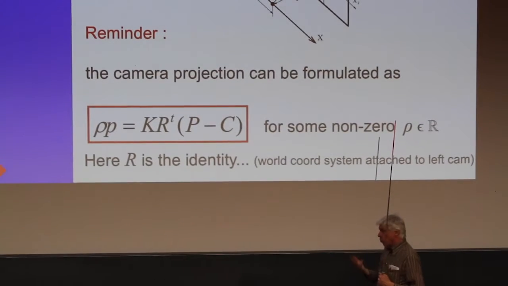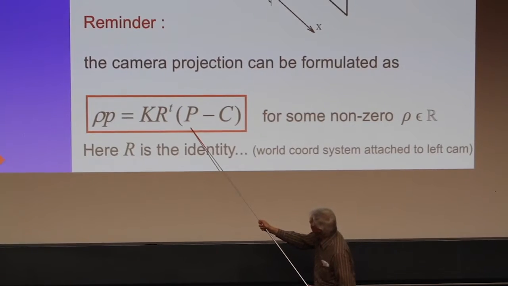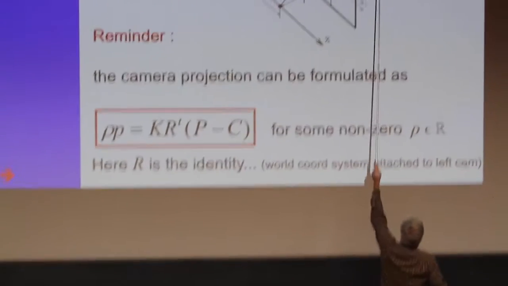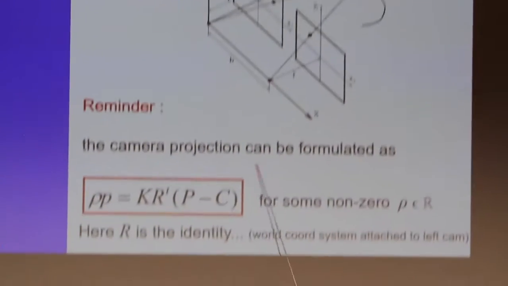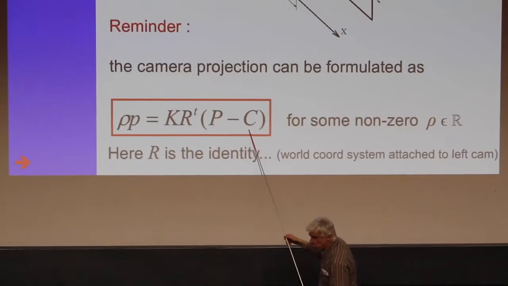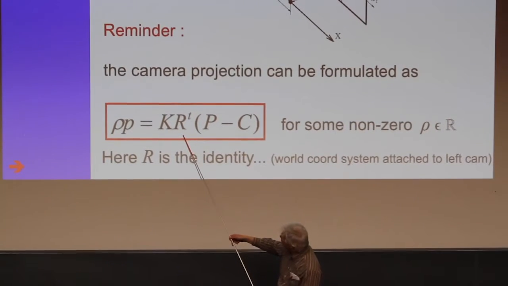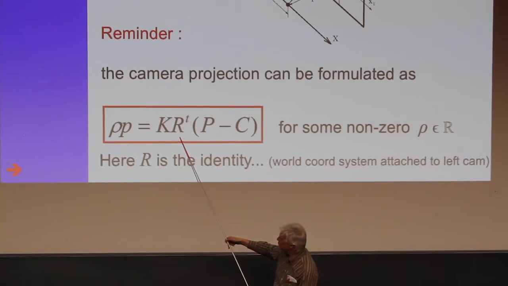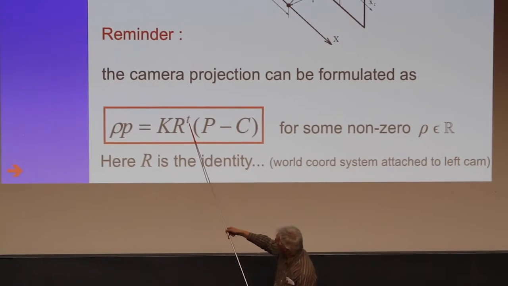To remind you what's in here, you have P, that's the point in space we're looking at, this point up here with coordinates X, Y, and Z. Then we have the center of projection of our camera. We have the orientation of the camera with respect to the world coordinate system, expressed by this rotation matrix R, and this is a transpose T.